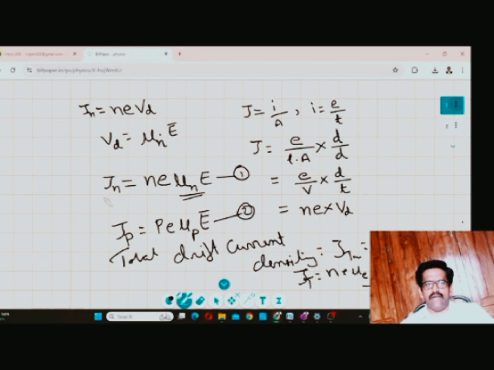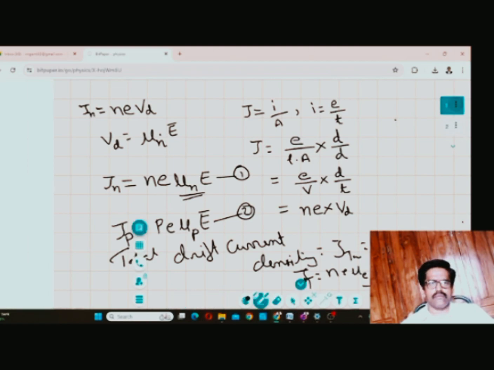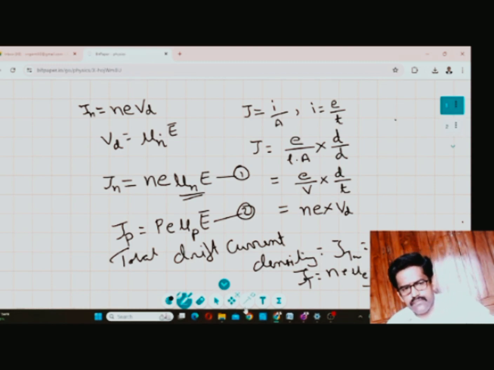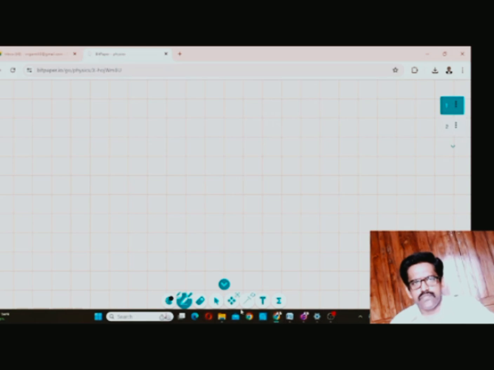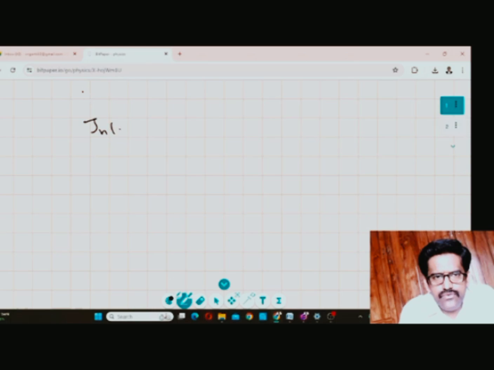I will show the simple derivation here. From this definition, the diffusion current density Jn is directly proportional to the negative of charge into dn by dx.